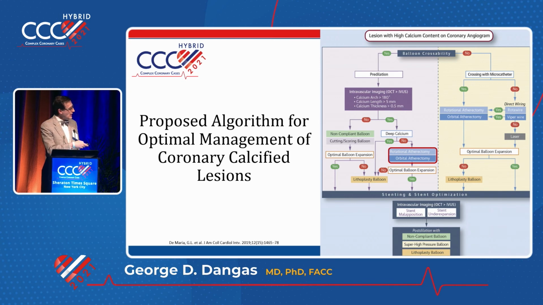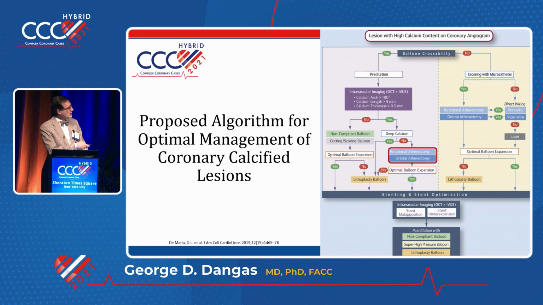You may consider the lithoplasty balloon later. As we learn more, this is another new device, not yet in any guideline, however available and expanding, I must say. If crossability is no, that is a real problem, because if you can't even pass a deflated balloon, how would you possibly proceed? Then you try with a microcatheter. If it's a yes, then you have a chance with rotational or orbital atherectomy to go through the lesion.